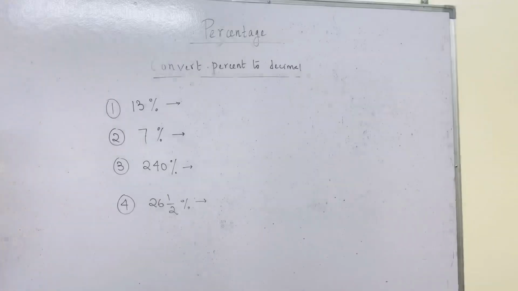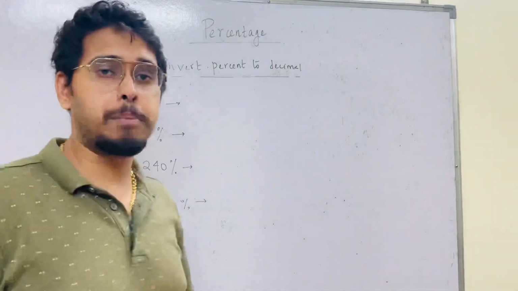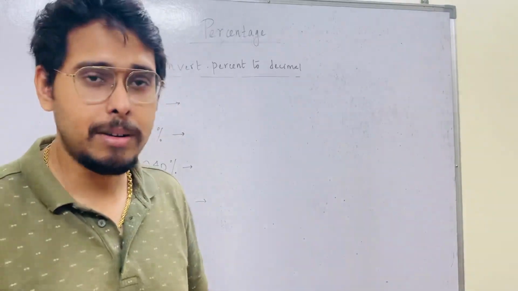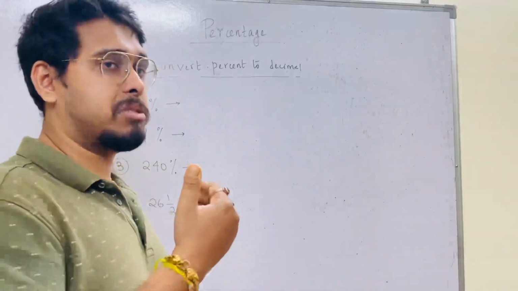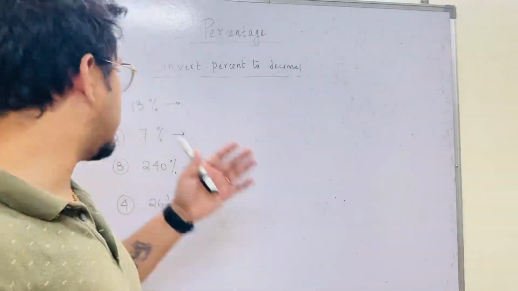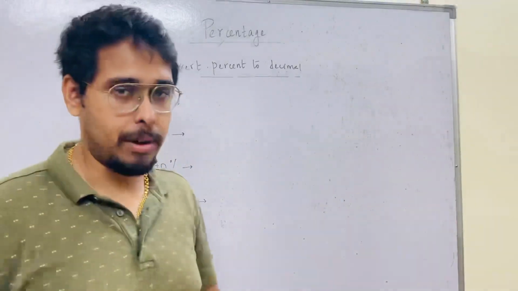Now one thing you have to understand: in case of fraction, I said percentage means out of 100, right? So 80% means 80 out of 100, 16% means 16 out of 100. Similarly here, I would say 13 out of 100.